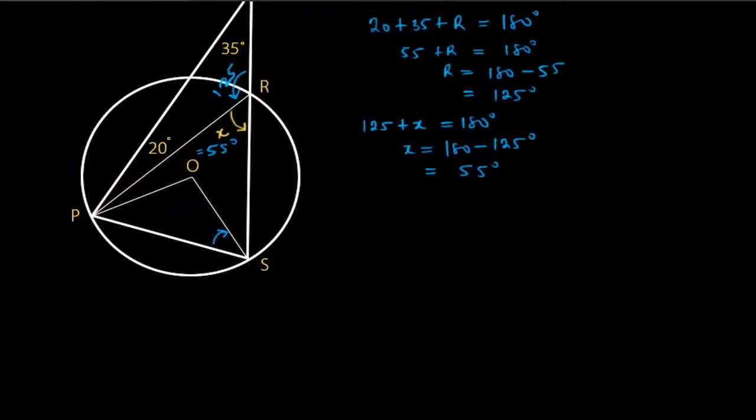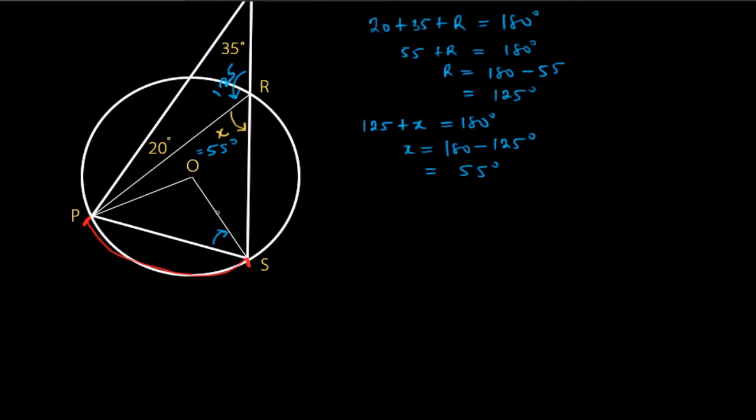So based on the information that we've just obtained, now if you consider the angle that we have here, looking at this triangle here, triangle PRS, you'd observe that it is subtended by this arc here. So if you consider arc PS, it subtends two angles.